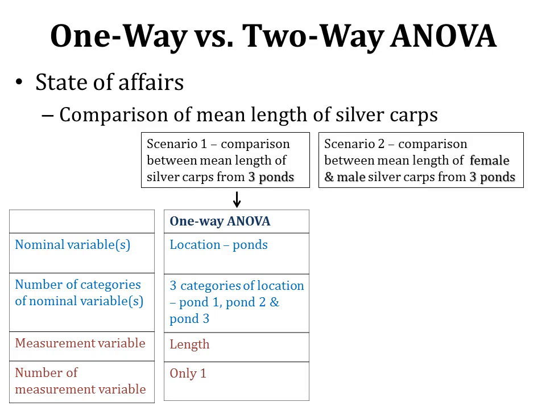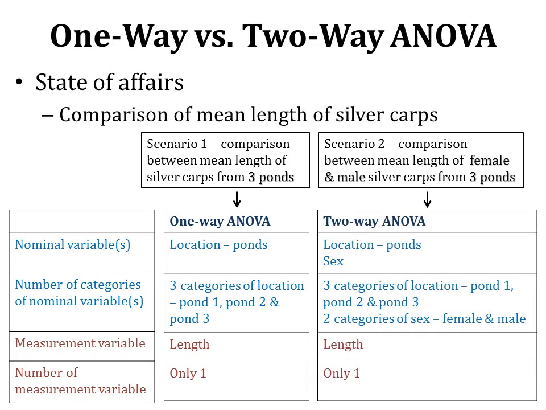Now scenario number 2 is the comparison between mean length of female and male silver carps from 3 ponds. So in this case we are going to use two-way ANOVA. Why? Because we have 2 nominal variables. One nominal variable is their location, which are different ponds, and the other nominal variable is sex.